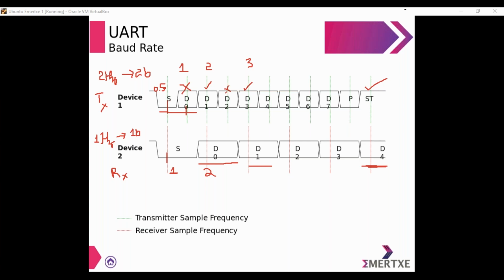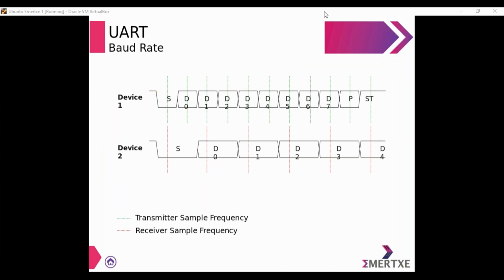Okay. So the next slide, we spoke about that yesterday already. So first, it's only in asynchronous, right? For synchronous, we have a clock. So depending on the clock signal, you transmit the data.